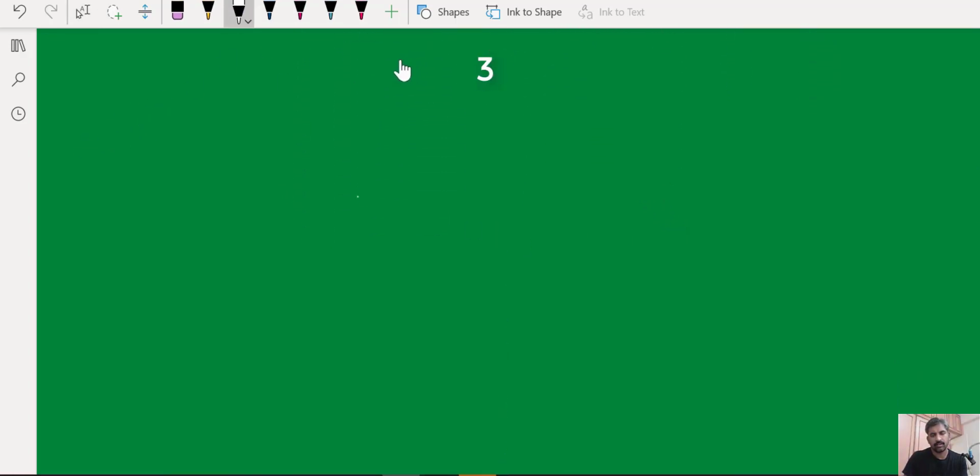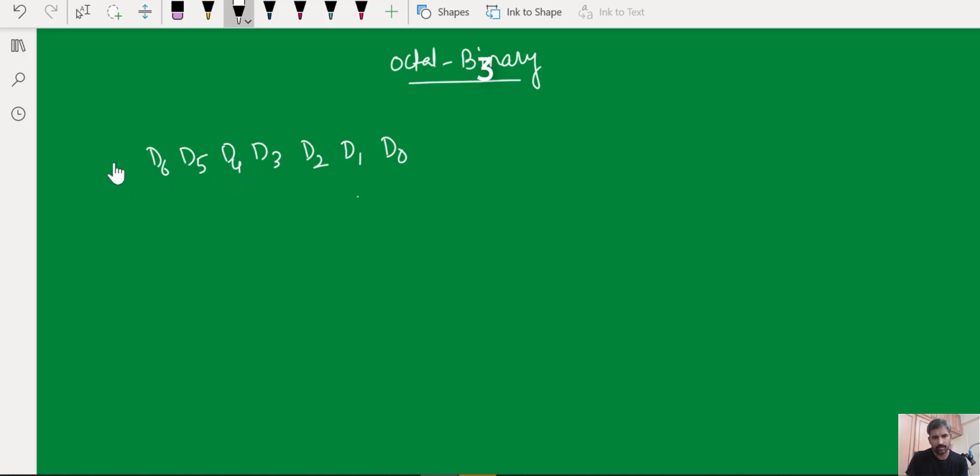Now let us construct the truth table for the octal to binary encoder. So you're going to have 8 inputs: D0, D1, D2, D3, D4, D5, D6 and D7.